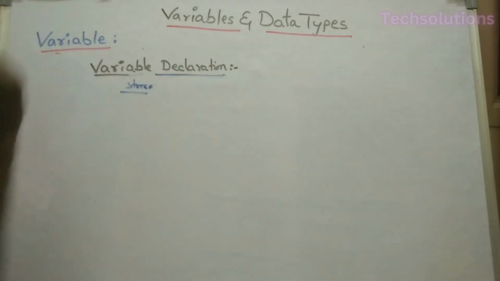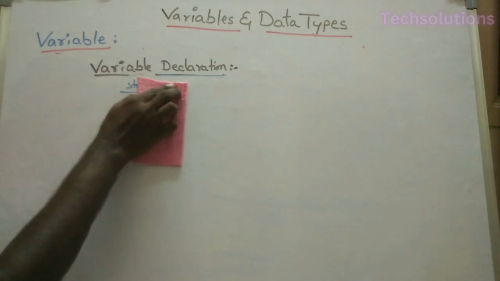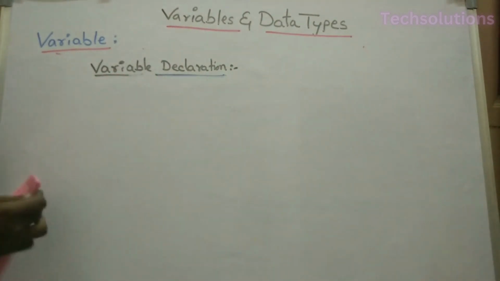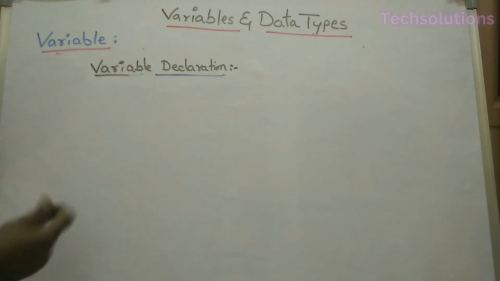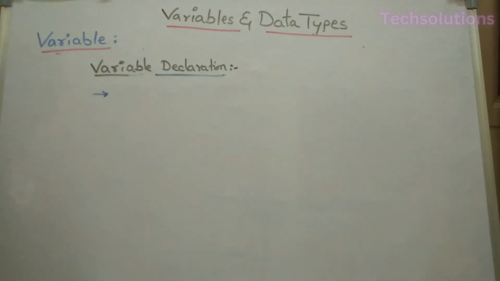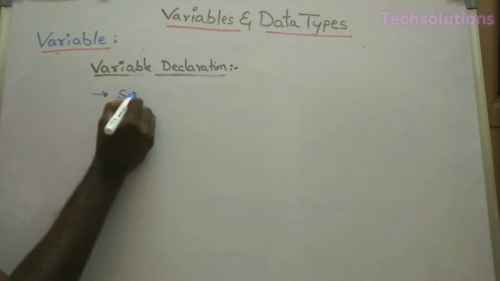Now, what is meant by declaration? Here, the declaration is nothing but, if a particular variable is going to store some value, we have to assign some memory location.